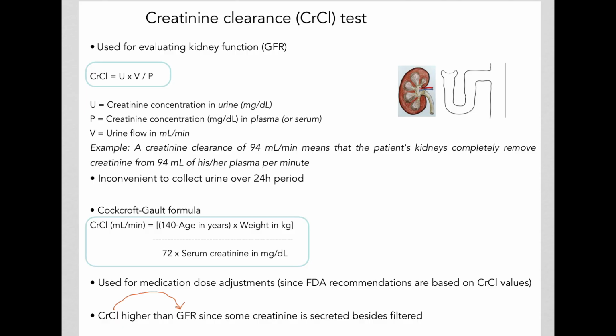That's because about 10 to 20% of the creatinine is secreted. So not only is creatinine filtered, there is 10 to 20% that is secreted, and that's the reason why the creatinine clearance is going to be higher than the GFR.